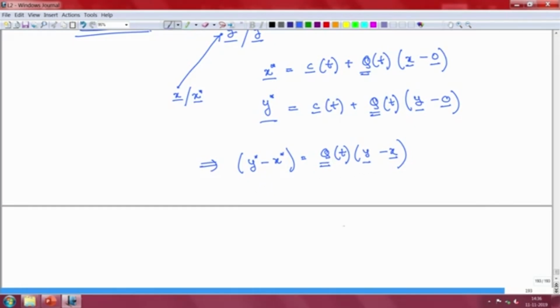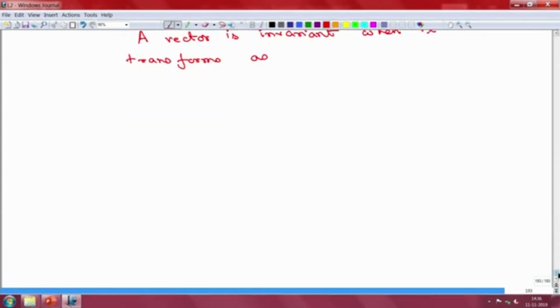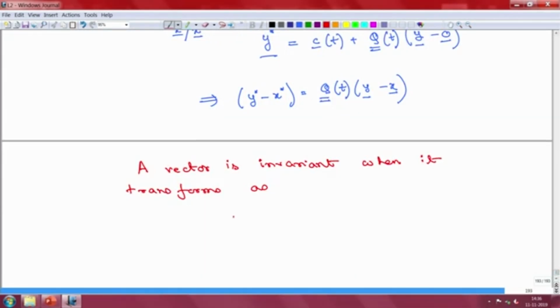So, looking at this, we are going to say that a vector is invariant when it transforms as this rule. So, let us say you have a vector u, when it transforms as this rule.